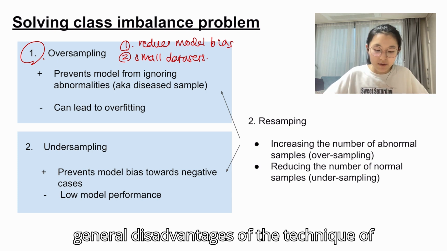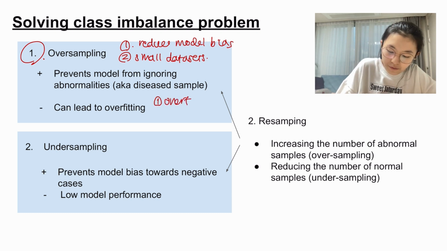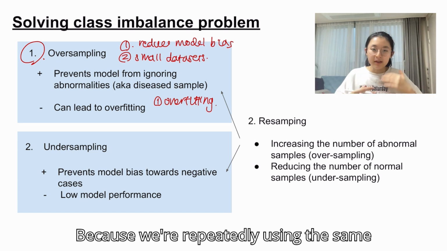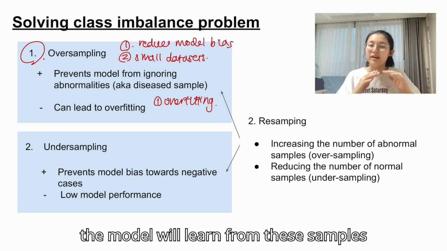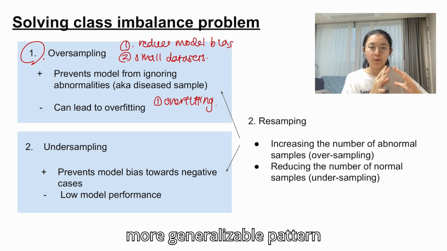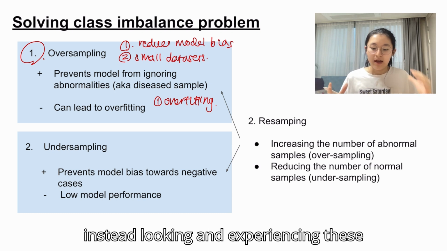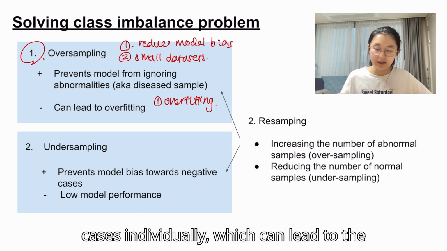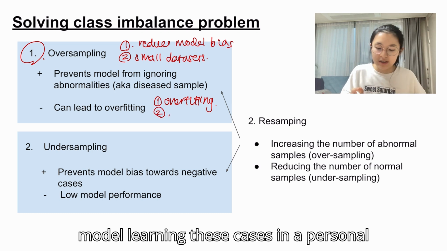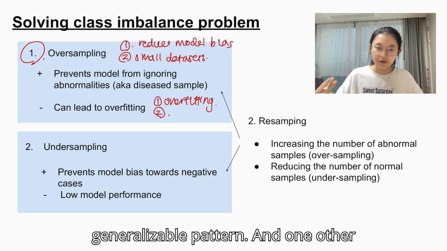However, some of the disadvantages of oversampling include the risk of overfitting. Because we're repeatedly using the same samples, there's a significant risk that the model will learn from these samples by heart rather than developing a more generalizable pattern, learning these cases individually rather than finding a generalizable pattern.